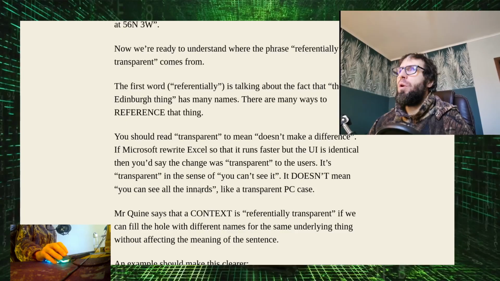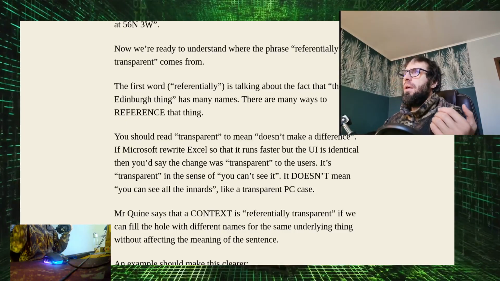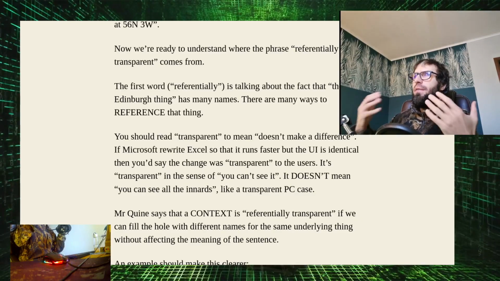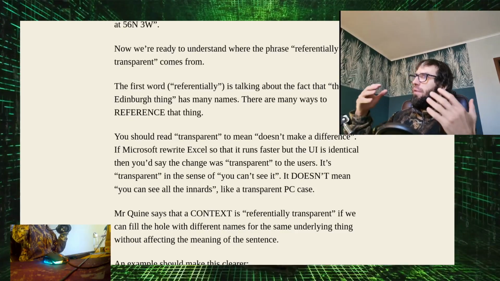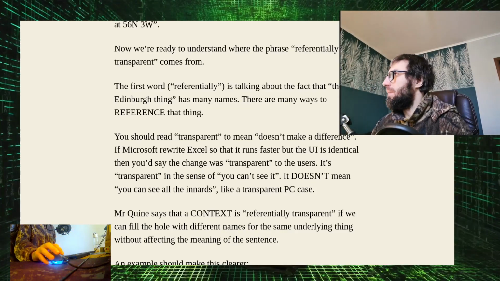And what is transparent? Transparent means that there is no difference which reference you choose. They all have the same meaning.